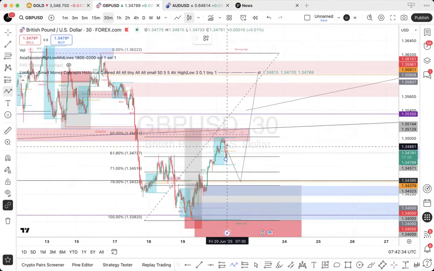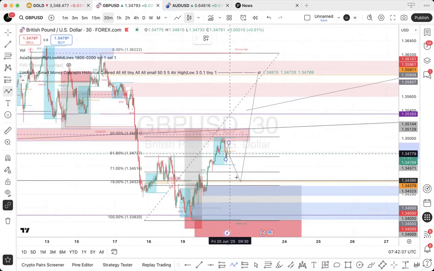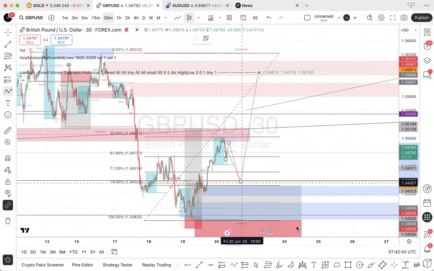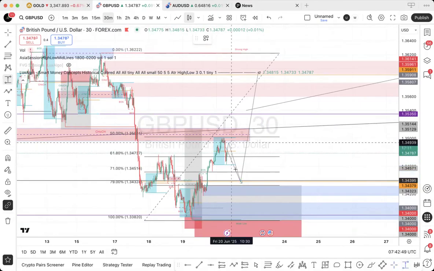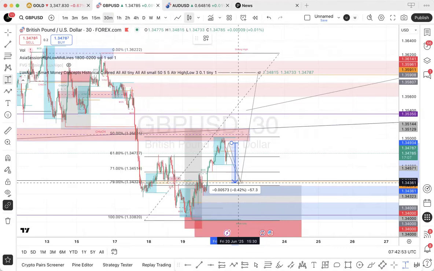So let's say it probably pulls up to this area, then starts coming down. So we can play with something around 50 to 60 pips around here.